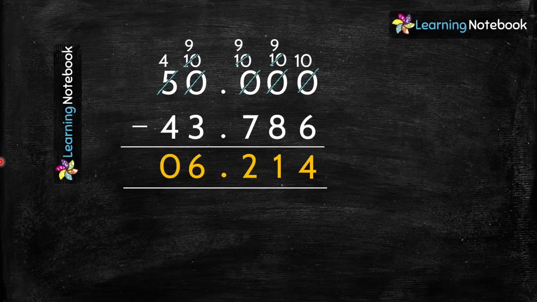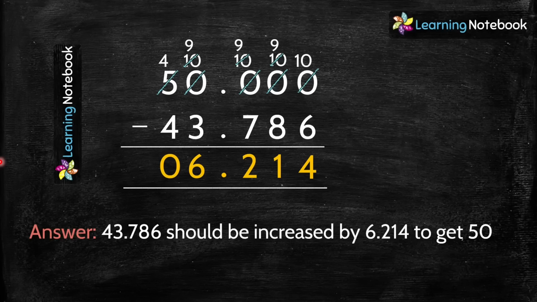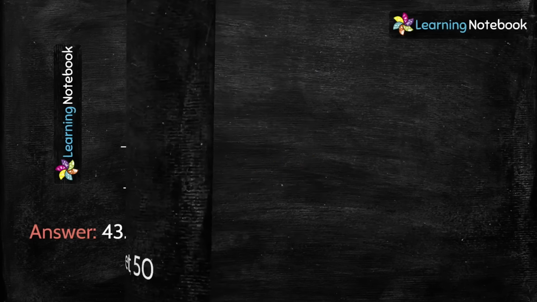So answer is 6.214. Don't forget to write the answer statement. 43.786 should be increased by 6.214 to get 50. Let's see the next word problem.